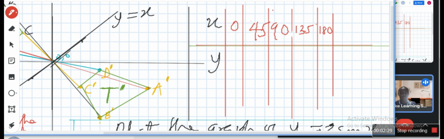Sorry, I think I was right the first time. So 180 plus 45 will give you 225. 315. The other one will be 270.